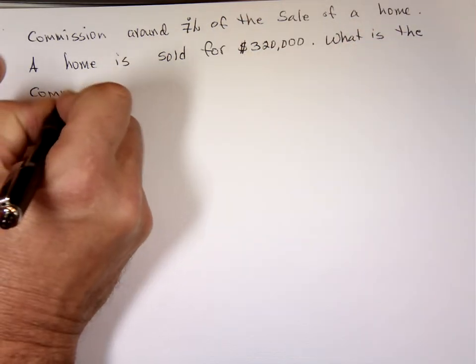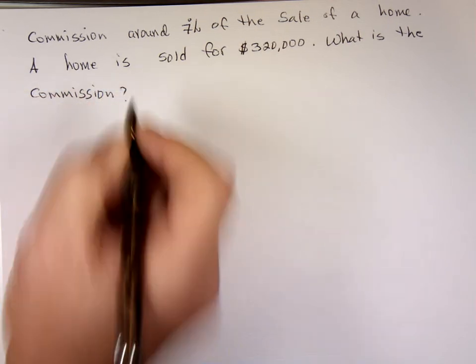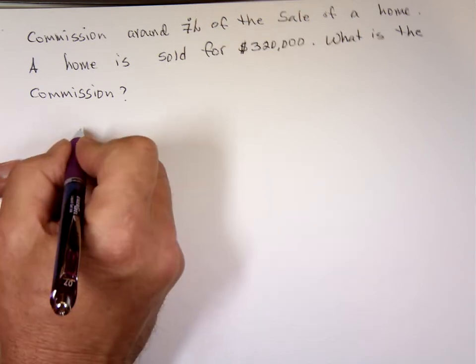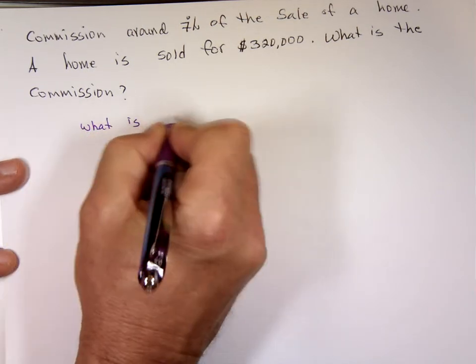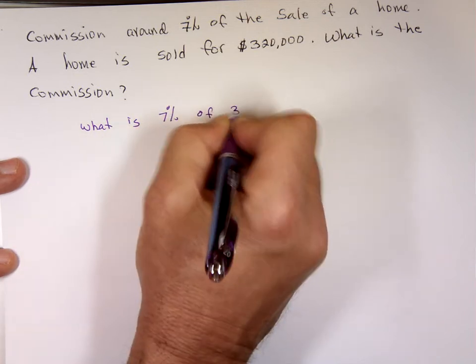Let's go, Omar. What's the commission? If you take this problem and rewrite it, the question can be written as: what is 7% of 320,000? That's what the commission is.